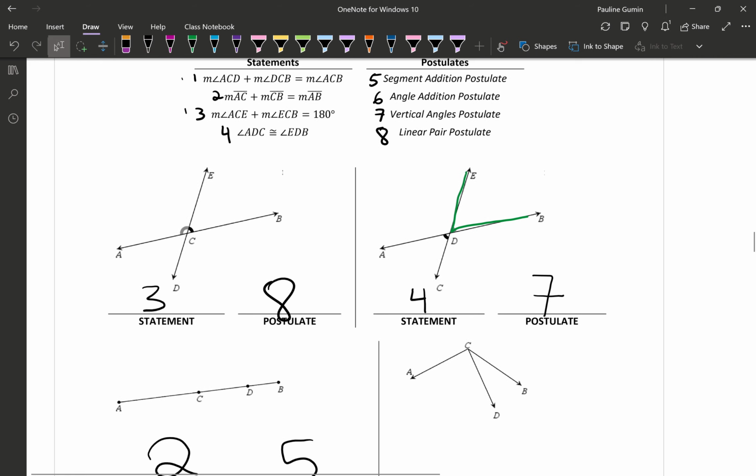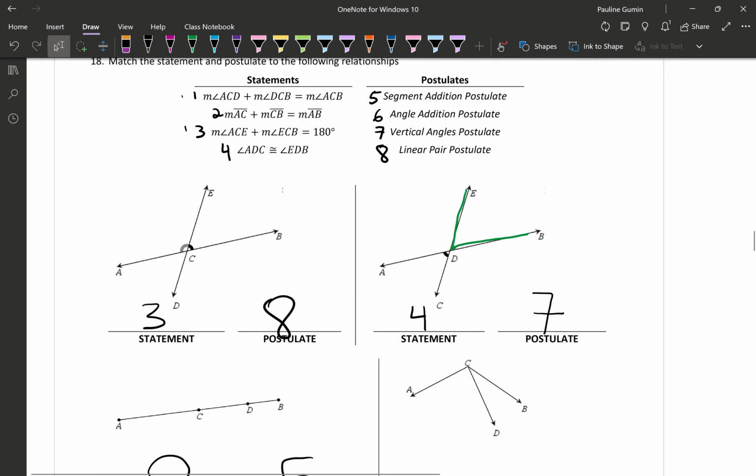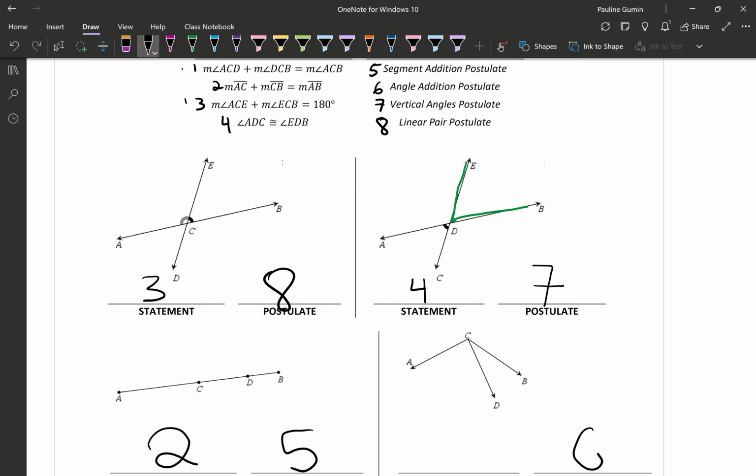Don't really have many options left here, but in this image we have just angles. This is angle addition, and 1 is going to match it as a statement. I should have labeled this, but it should have been like this and like this. And then this one should have been like this and like this. Okay.